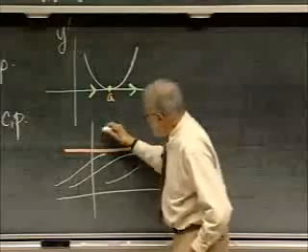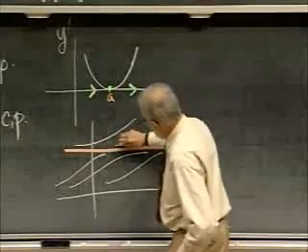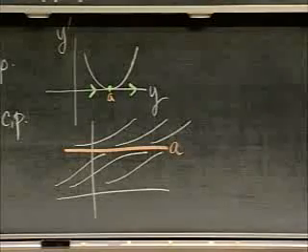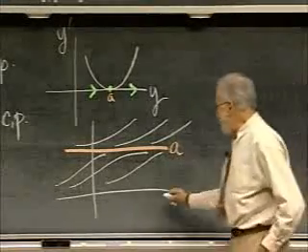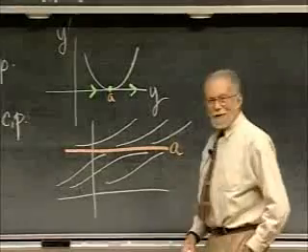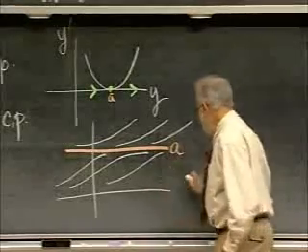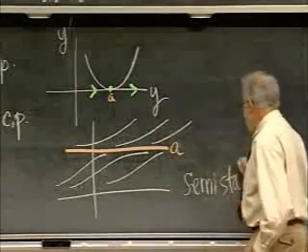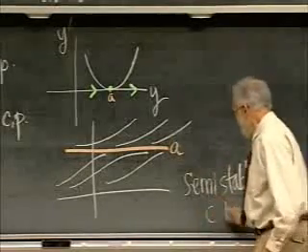I increase. So if I start above it, I do this. Well, now that's stable on one side and unstable on the other, and that's indicated by saying it's semi-stable. Brilliant word. Wonder how long it took to think that one up. Semi-stable critical point.